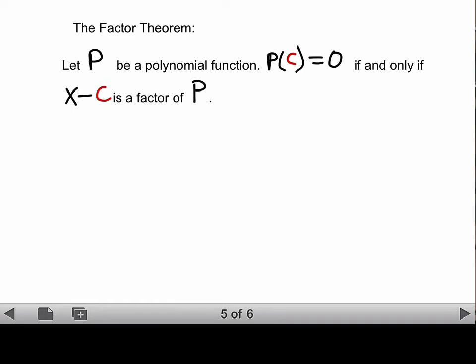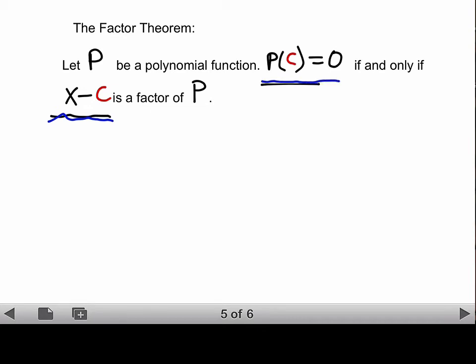Now let's see what's going on here. If and only if means it's a two-way statement. It says if p of c is equal to 0, then x minus c is a factor. And conversely, if you start with x minus c being a factor, then you'll know that p evaluated at c is 0.